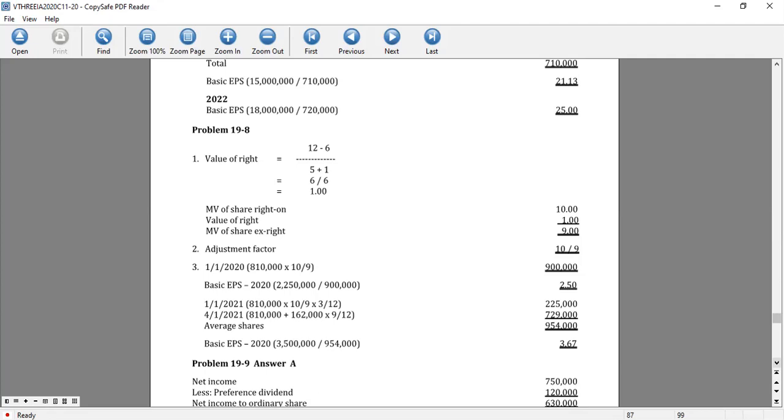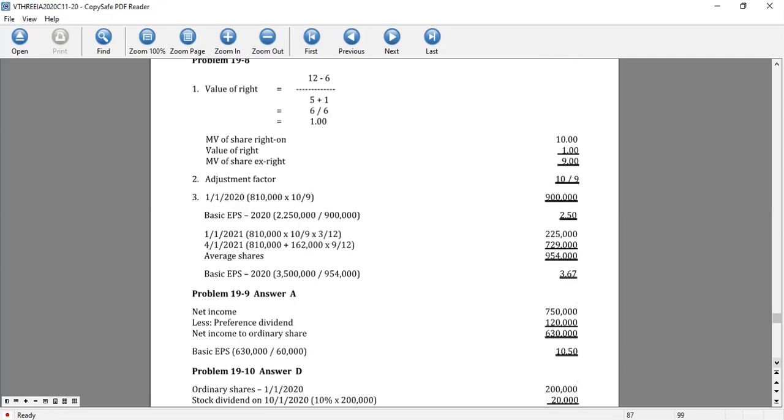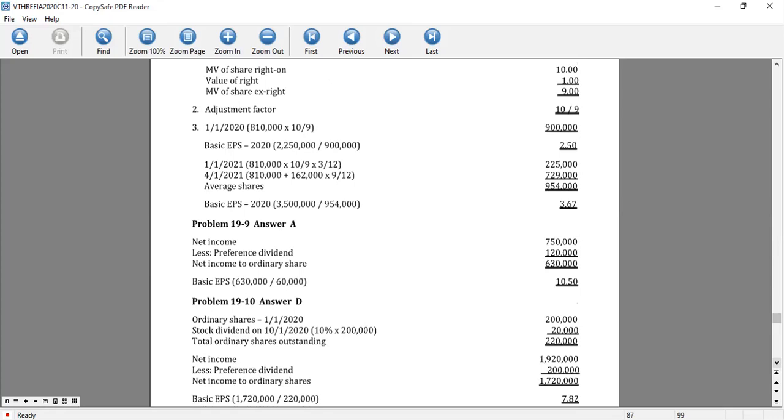Okay, so we have now problem 19-8. Then we go to 19-9. We have net income given of 750,000. And then we have the preferred dividend equal to 120,000 on the preference share.